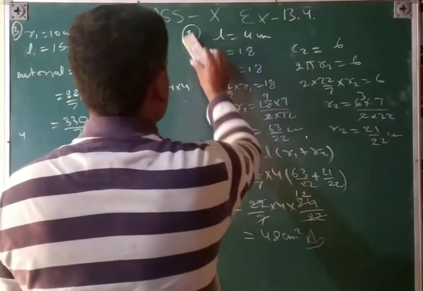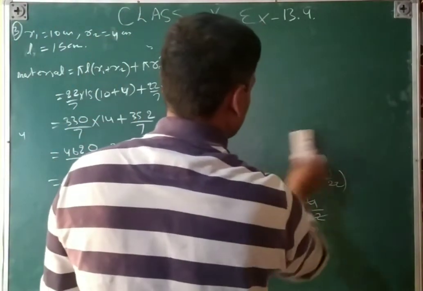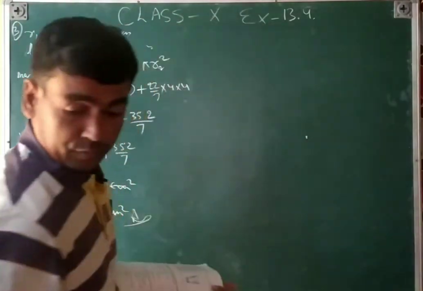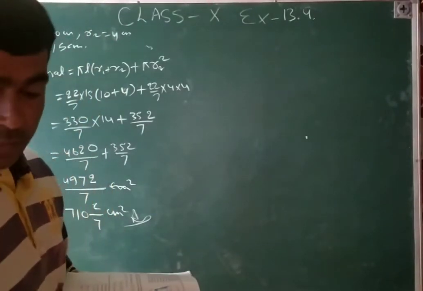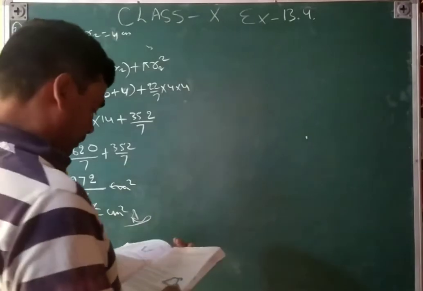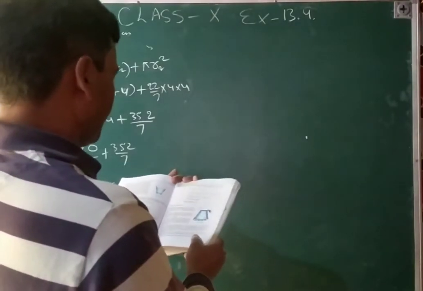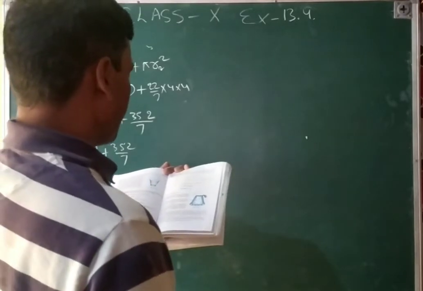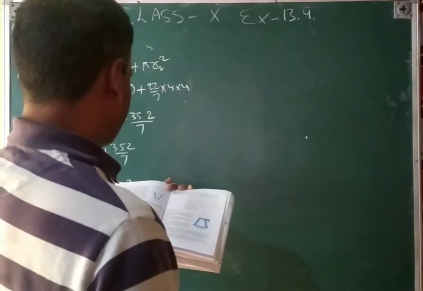And then question number 4, this is just a lengthy type of question, so you will see that very carefully. Question number 4: a container open from the top, made up of a metal sheet, is in the form of a frustum of a cone.